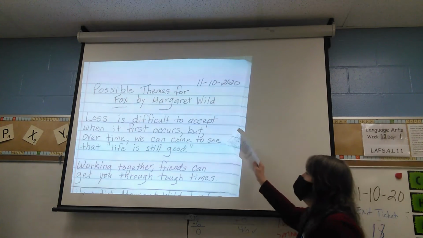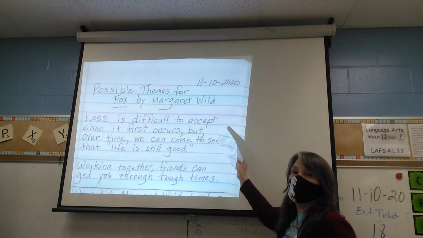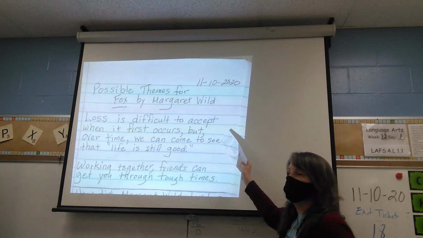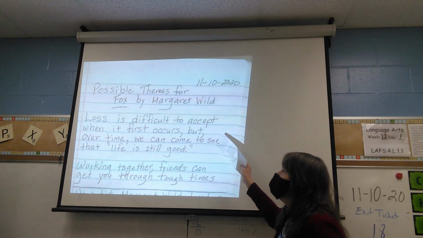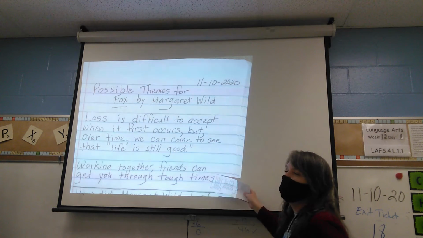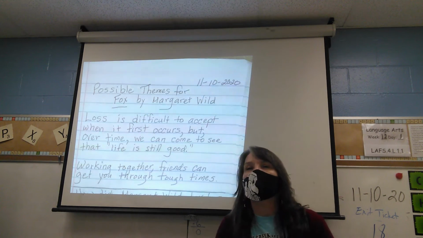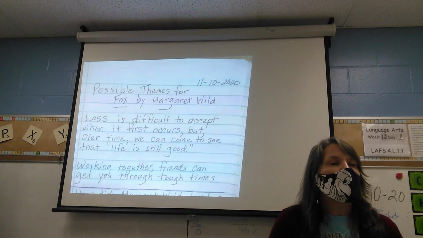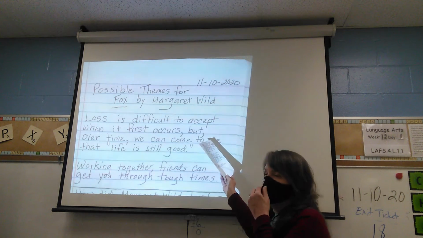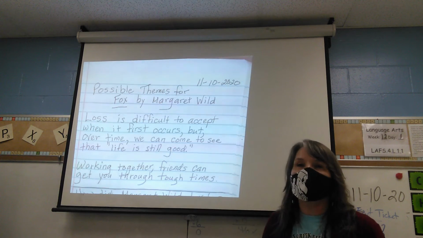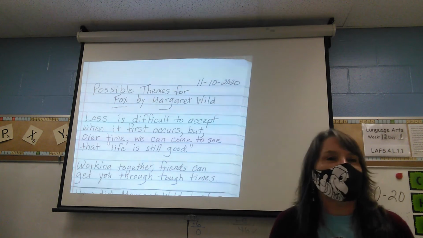In your notebook, if you took good notes the last time we had a lesson and we talked about the theme of Fox, these are two possible themes for the book. This is my language. You could say the same thing in your own words or worded somehow differently.